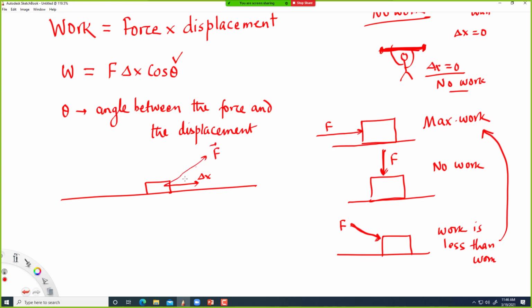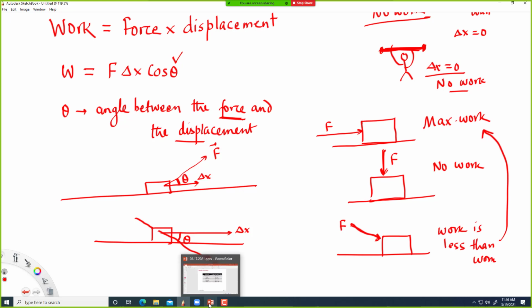So this angle is the angle theta between delta x and F. For example, if you push the object like that, then this is delta x, so this would be your angle. So angle theta is the angle between which way you apply the force and which way the block is moving.